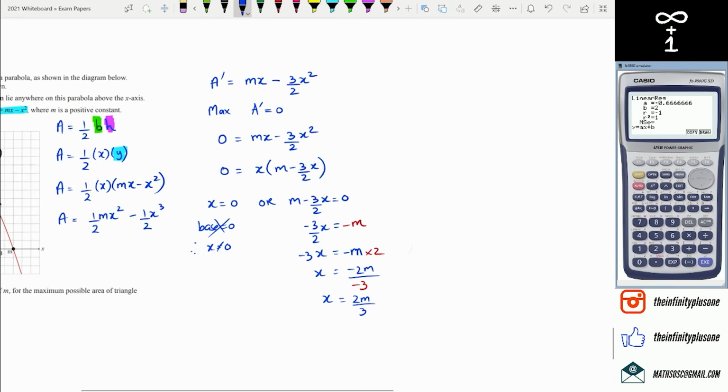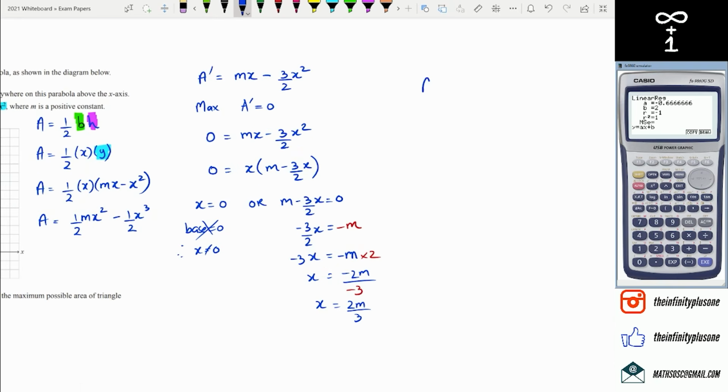Remember, the original area function is area equals half m x squared minus half x cubed. So this was my original area function. And what I need to do is replace wherever x is with 2m over 3.